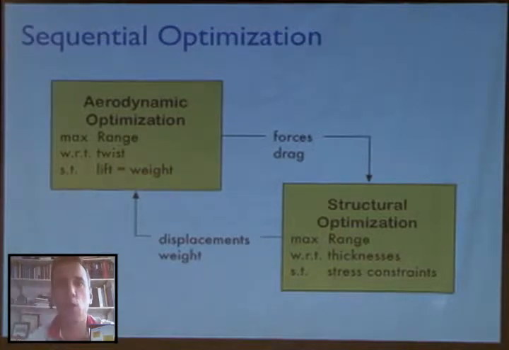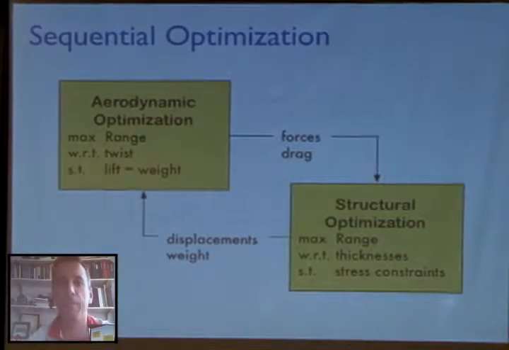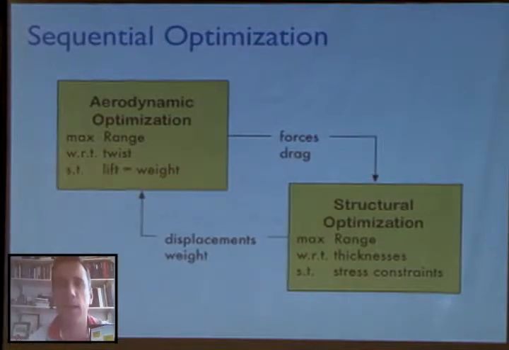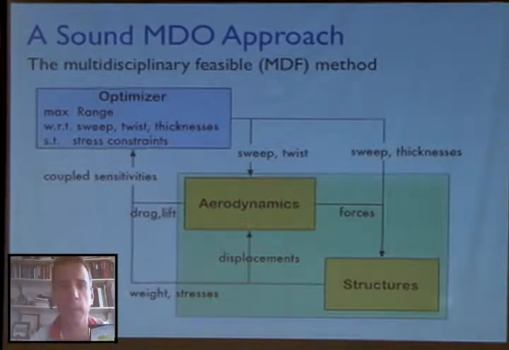In sequential optimization, you would do some optimization in one discipline, so aerodynamics first, then the structures, and go back and forth. If you go to the next slide, you'll see a sound MDO approach where you couple the two, but the optimizer sits on top. You're not doing sub-optimizations in a discipline. So this is a more integrative approach, a concurrent approach to design optimization.